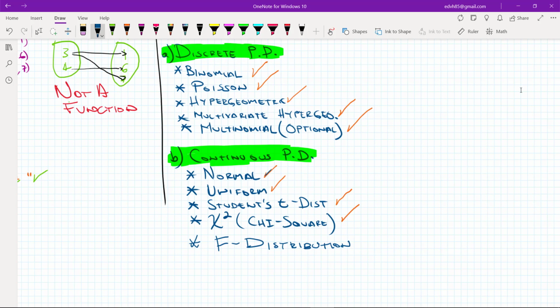The chi-square distribution we're going to use also for hypothesis testing, but this one is going to be used for the test of independence and for the goodness of fit test. Later on you'll see what we're talking about. And the F distribution, that's what we're going to do for the last topic of the semester, and we're going to use it for analysis of variance, most known as ANOVA. So we're going to do that at the end of the semester.